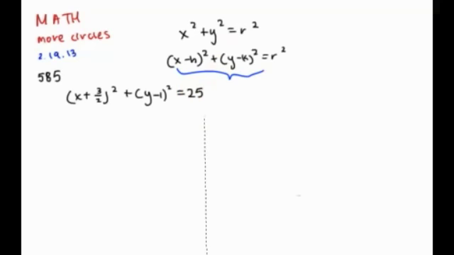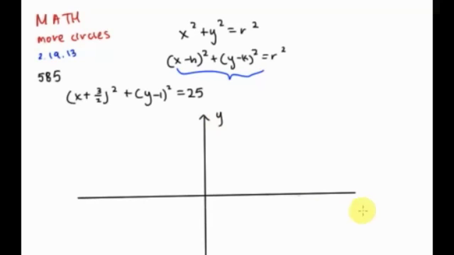Well then, let's graph this. This is y. This is x. So our center is going to be -3 over 2 and +1, right? And our radius is going to be 5.